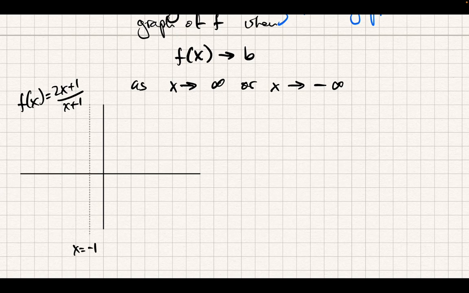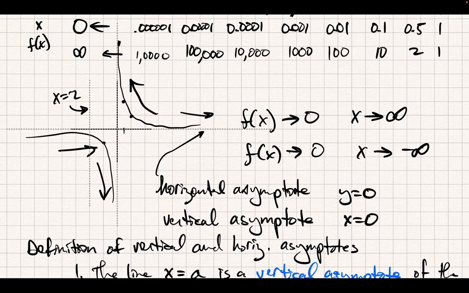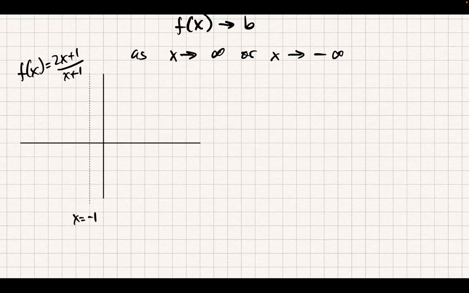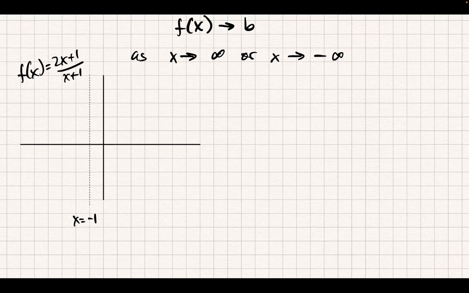Why is x equals negative 1 a vertical asymptote? Because it makes the denominator 0. So we're going to have a similar situation here where we approach from left and right. I'm going to go like this, and then on this side it's going to come down from infinity as well.